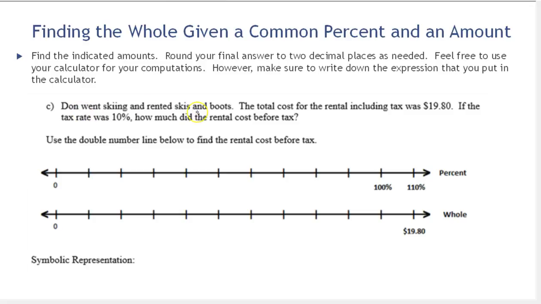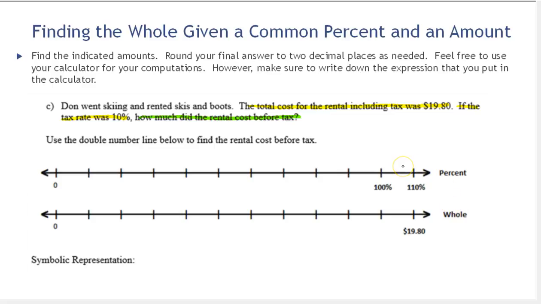Don went skiing and rented skis and boots. The total cost for the rental, including tax, was $19.80. If the tax rate was 10%, how much did the rental cost before tax? Now notice the values were given here, and we have our percent and whole number line lined up.